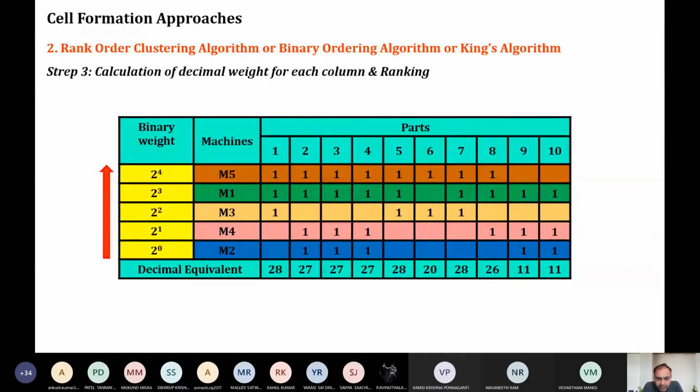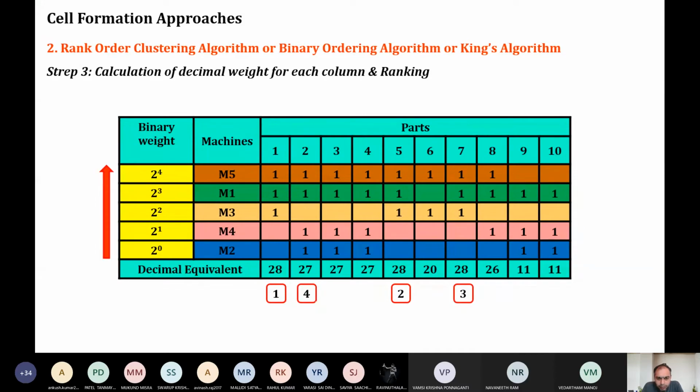You are going to rank it column wise now. In this case, three parts or three columns have the same decimal equivalent, that is 20: part number 1, part number 5 and part number 7 have the same values, so this can easily be put as one group.